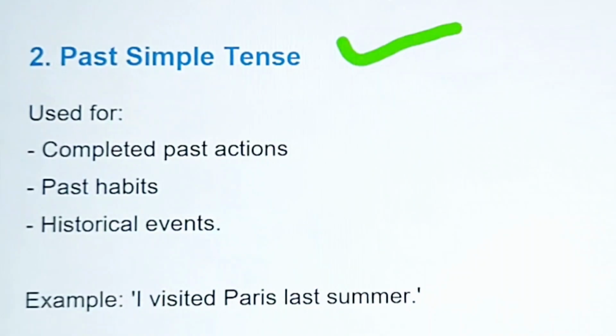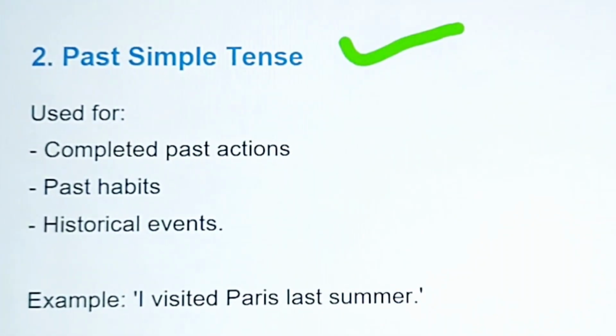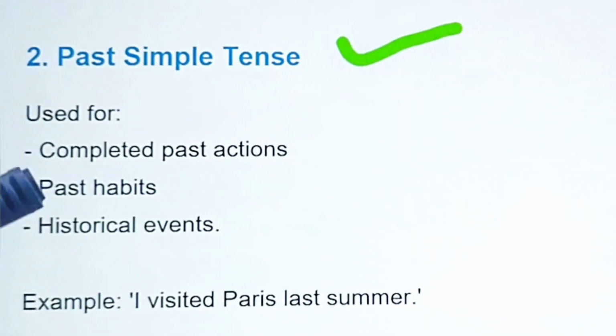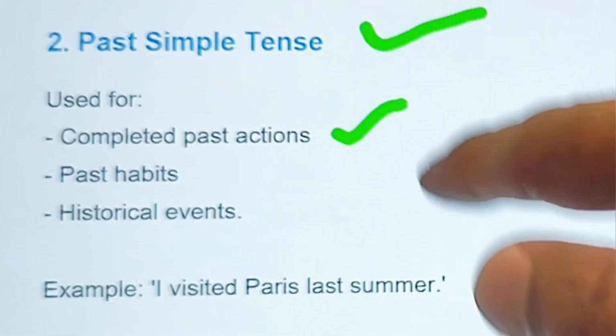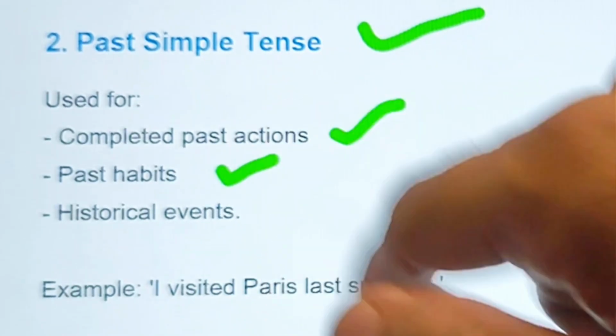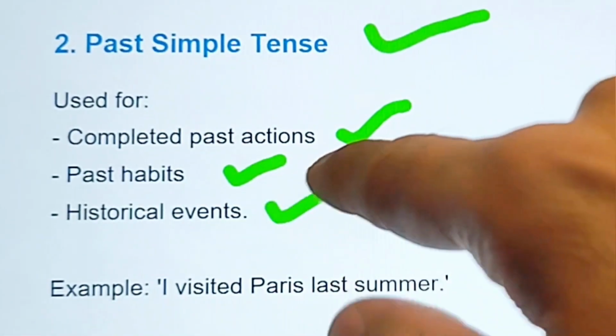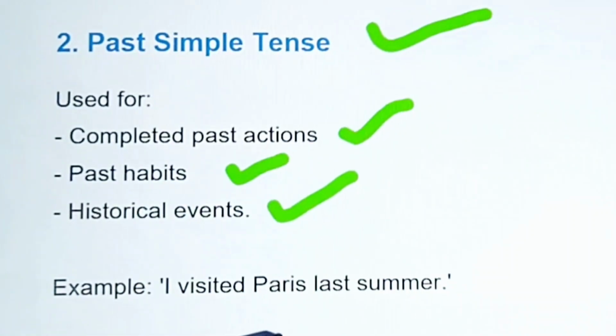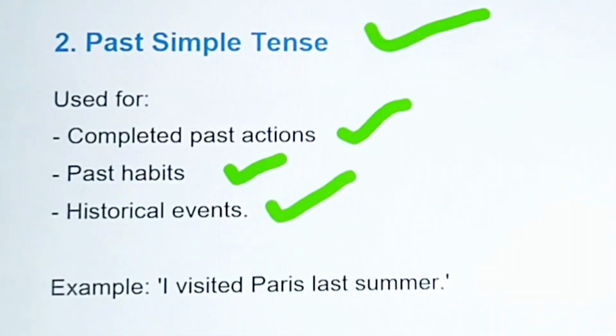We use past simple tense for completed past actions, past habits, and historical events. Example here: I visited Paris last summer.